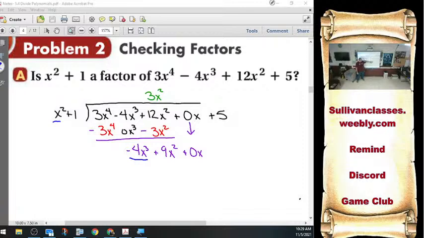Remember, it had to get shoved over. We needed that placeholder. So I'm not actually dropping 5 now because it's supposed to be over there. Right? I needed that 0 as a placeholder. Otherwise, I'm going to be missing part of my problem. All right. Negative 4x cubed divided by x squared is a negative 4x.